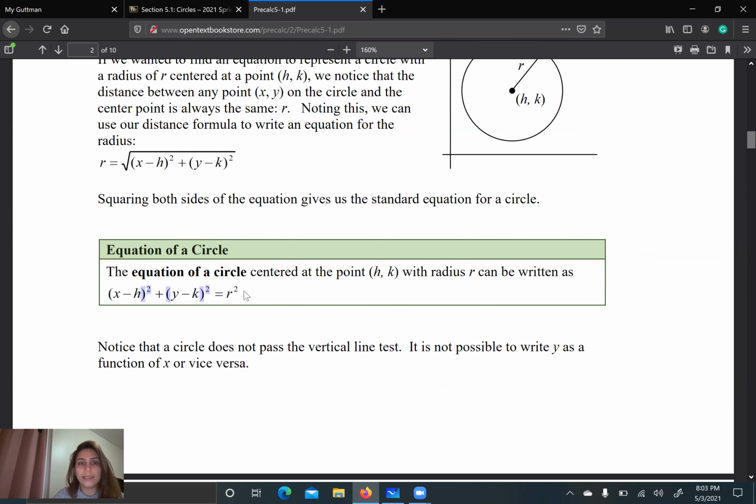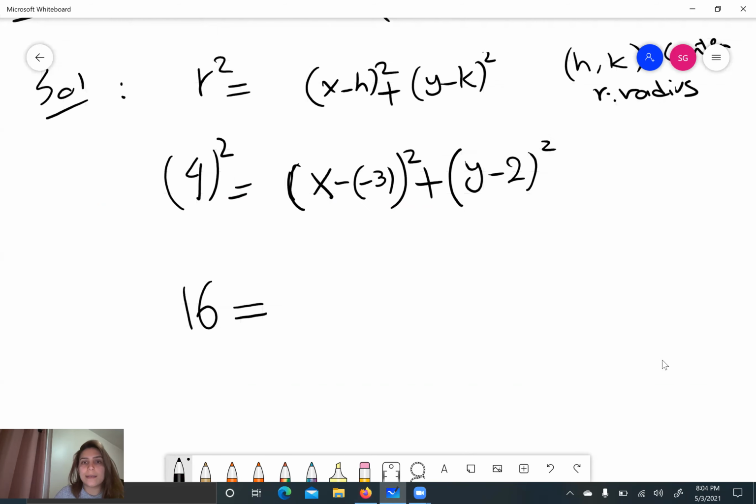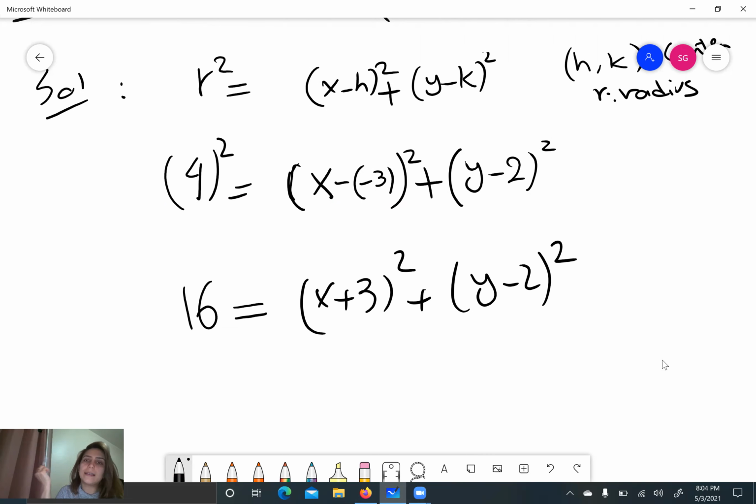When you put r squared, then there is no square root. Okay, so now let's simplify. So this is going to be 16 equals x plus 3 squared plus y minus 2 squared. That's it. This represents the points on the circle.